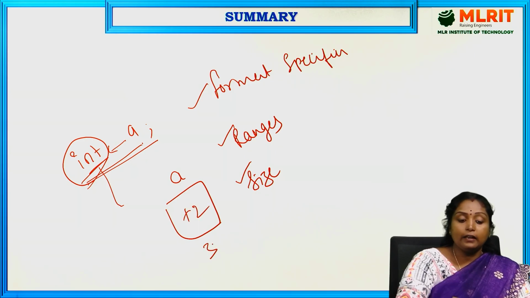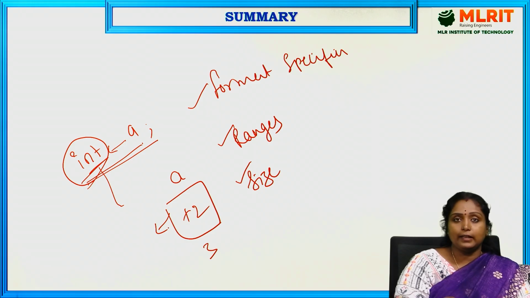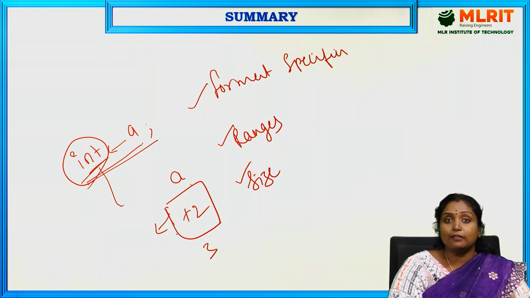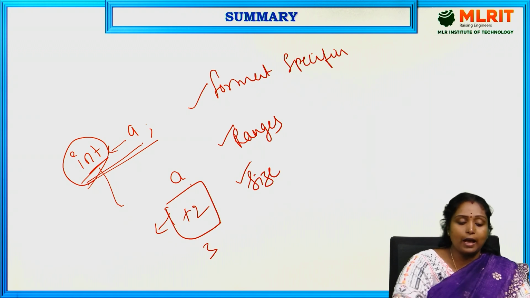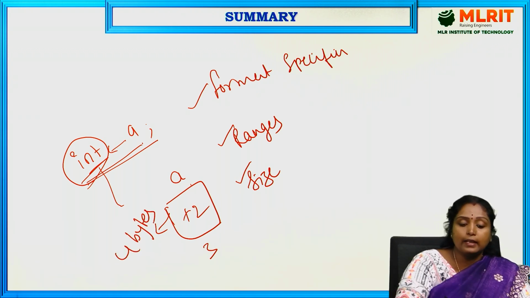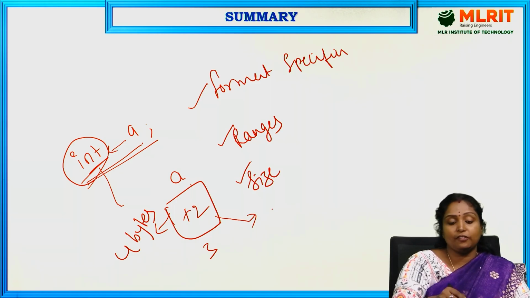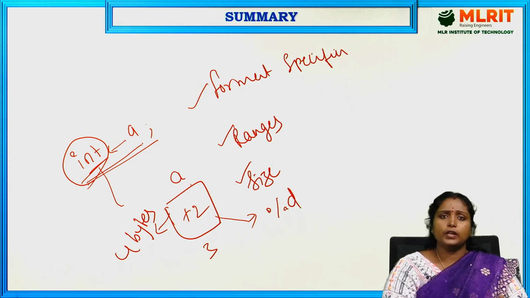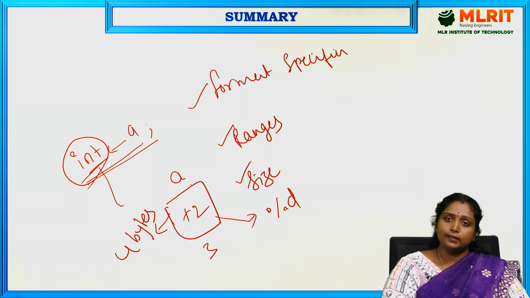And the size of this data type, how much memory it will hold, it can store up to 4 bytes of memory. As well as the format specifier in order to access the value of this variable is %d for integers. So we have seen different data types, format specifiers, ranges, as well as sizes.